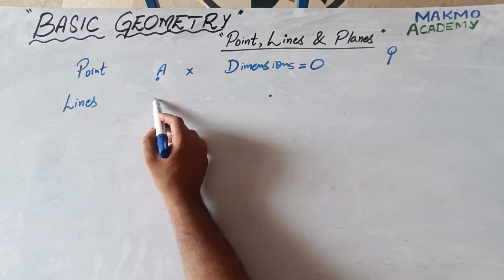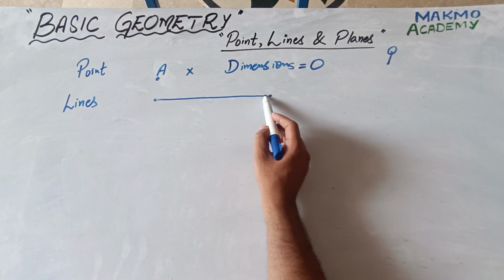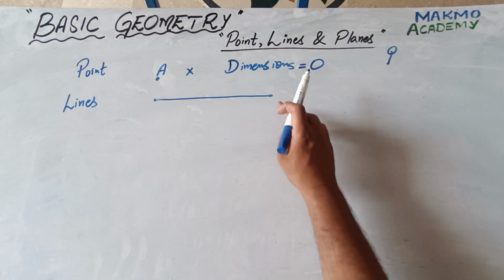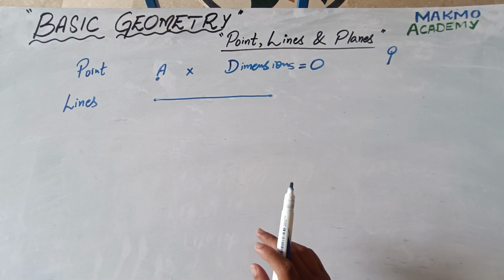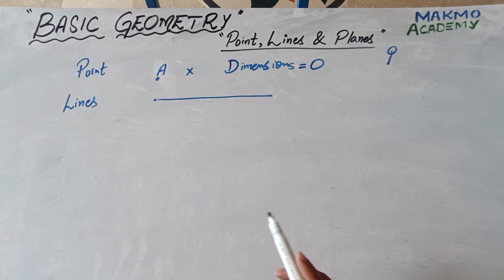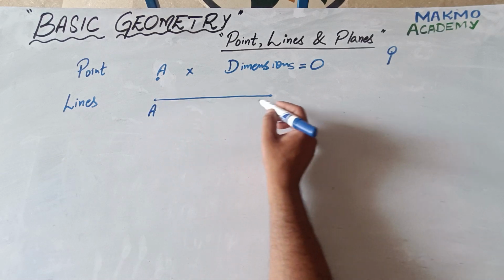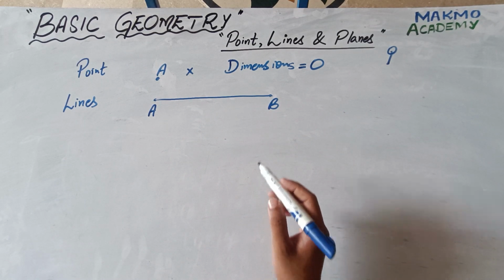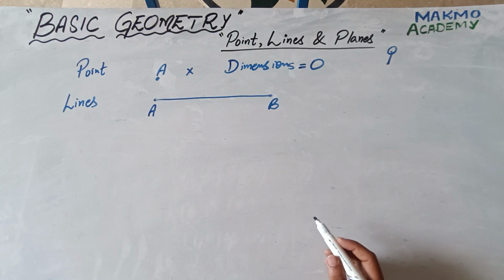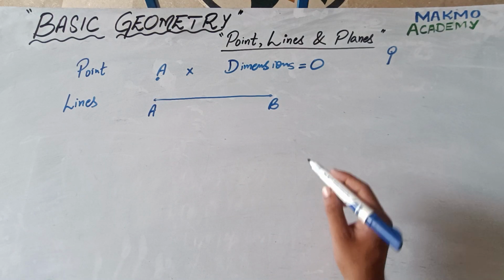If we join the end points of these 2 points, it will form a line. We can name this line AB. We can call it line segment AB because it has fixed endpoints. So this is called a line segment.